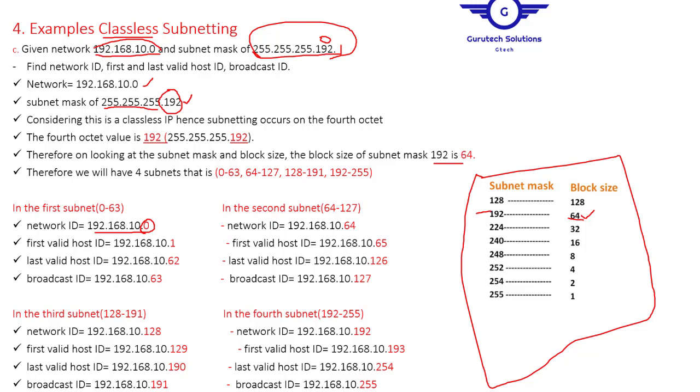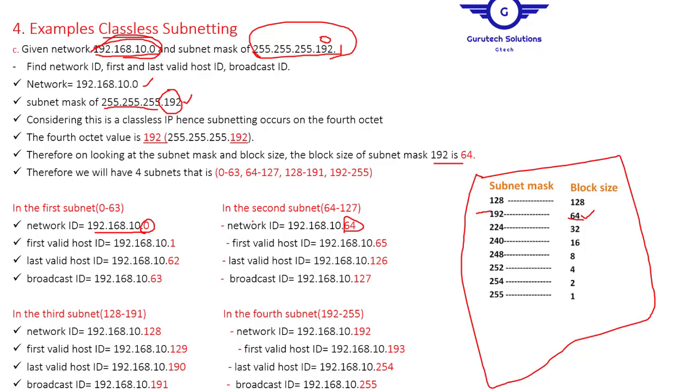We see that the subnet mask ends with 192, and when we compare 192 on the block size table, we see that it corresponds to a block size of 64. So the network ID of the first subnet takes the normal value here.